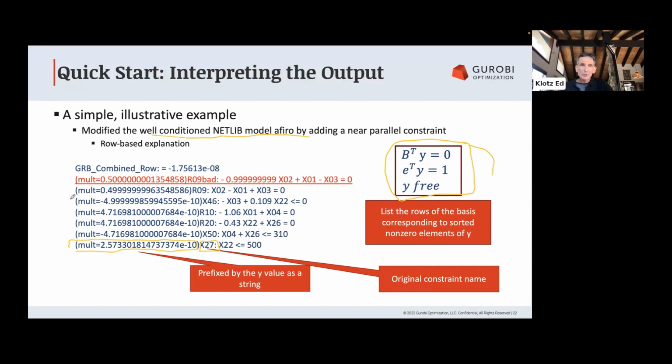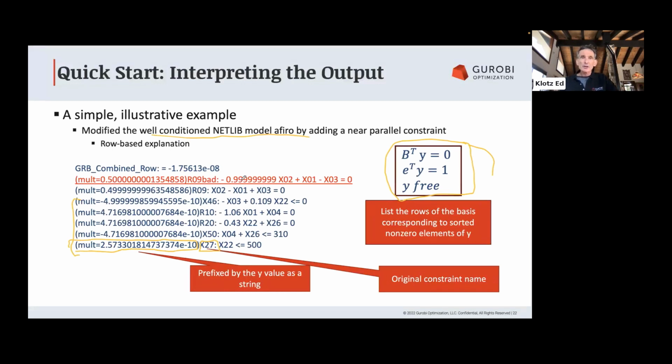In this case, what we see is that really only the first two constraints need to be looked at, because the contribution of the remaining 5 constraints, since all the coefficients are on the order of 1 and the multipliers are around 10 to the minus 10th, is basically little at all. So it gives us the two rows that are almost parallel, and that is the explanation of ill conditioning.